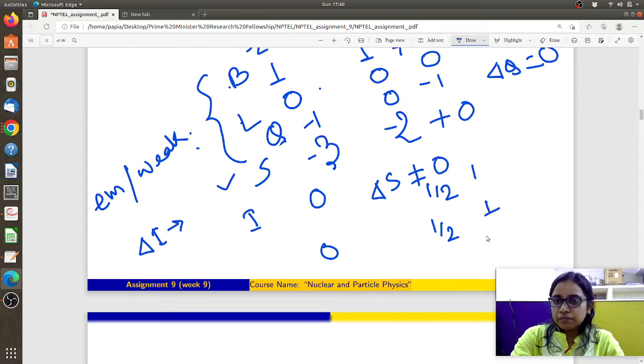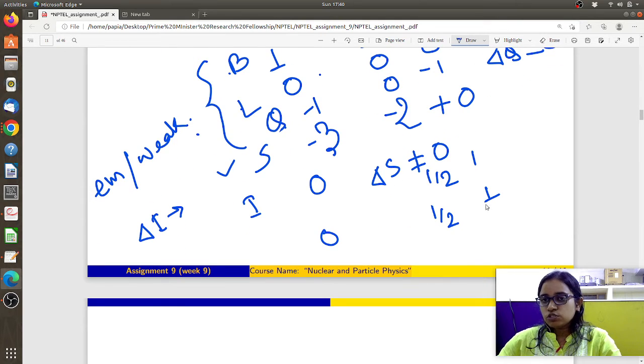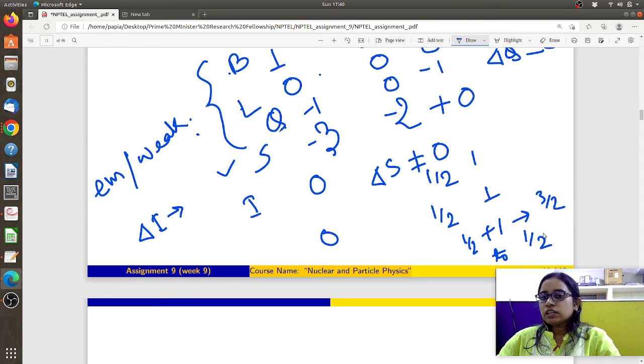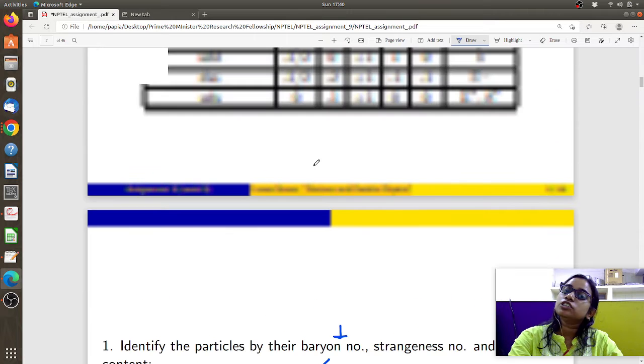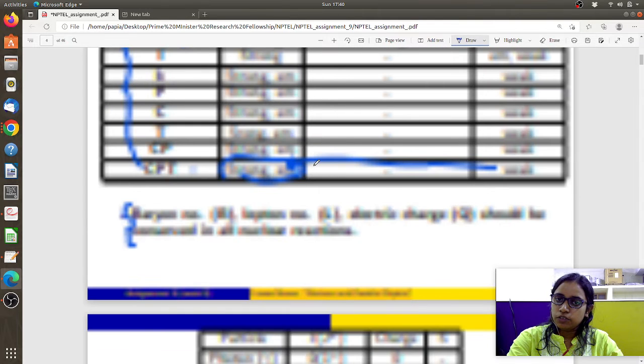So the possible values of I will be half plus 1, that means 3 by 2, down to half. So half and 3 by 2 on the right hand side, and 0 on the left hand side. As a whole, we can see that delta I is not conjugate here.